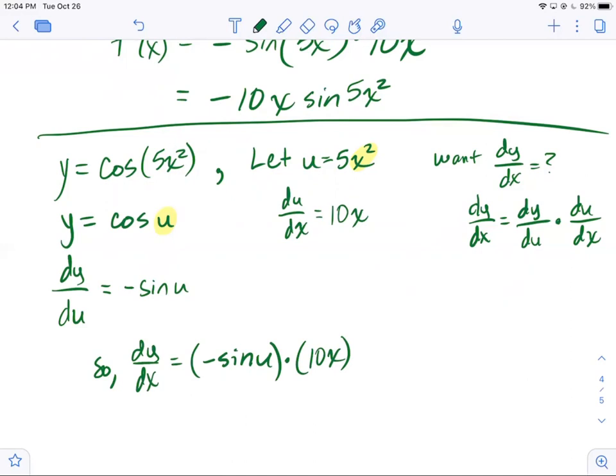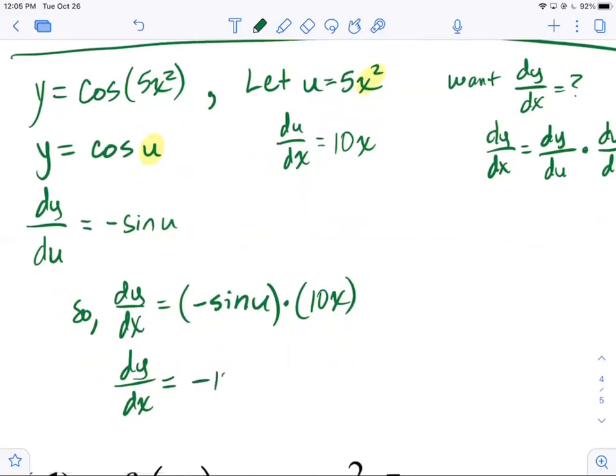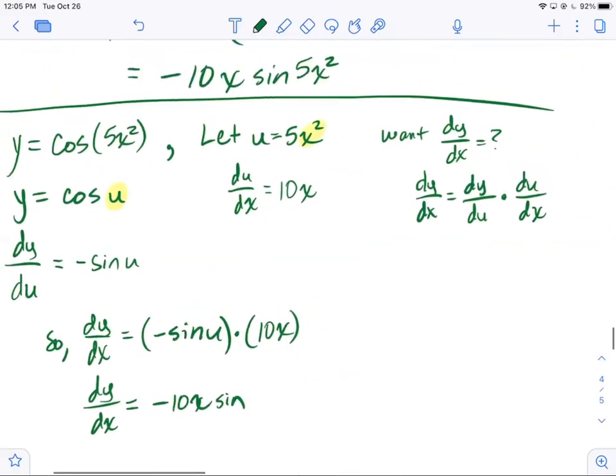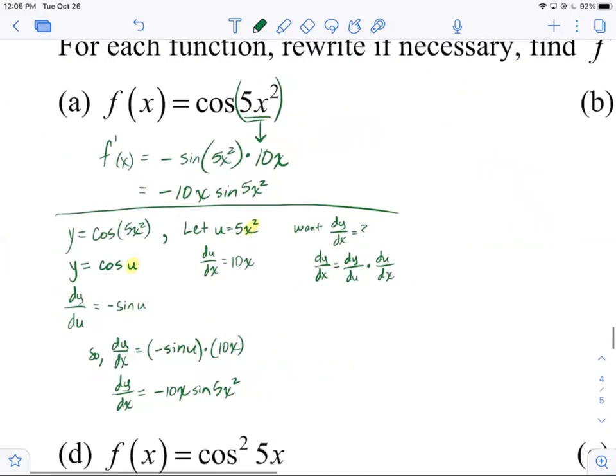It was a temporary placeholder for a quantity that was in terms of x. So all we've got to do is substitute it back in. And when I do, I'll bring the 10x in front: negative 10x times sine of u. And what is u? U is 5x squared. So you do get the same answer.